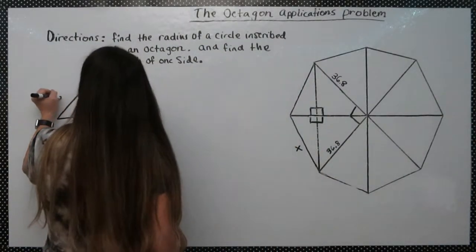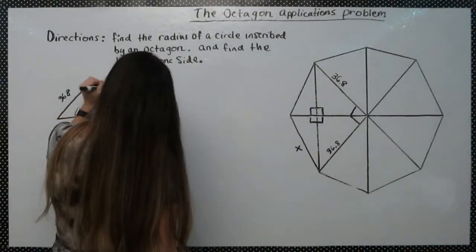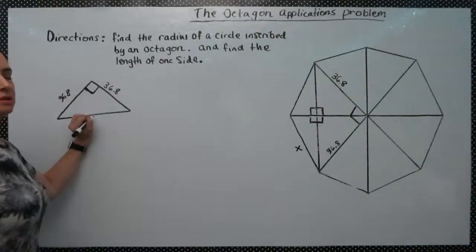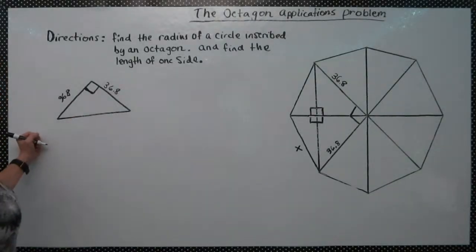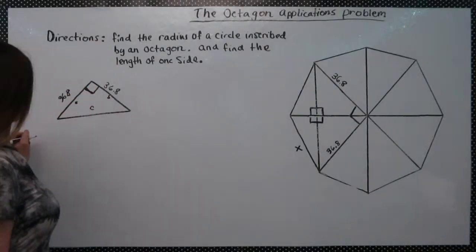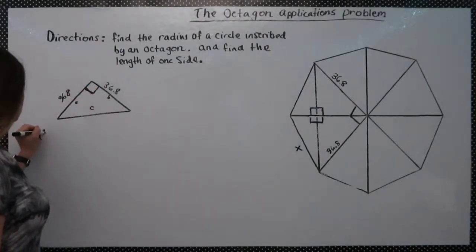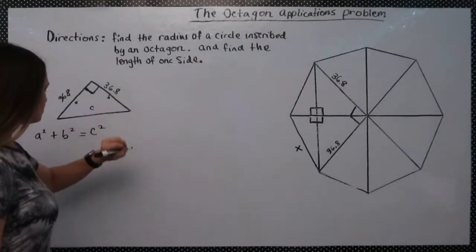So this is 36.8 and 36.8. And so I can find this length here by using the Pythagorean theorem. So this would be a, b, and c. And then by Pythagorean, I have a squared plus b squared equals c squared.